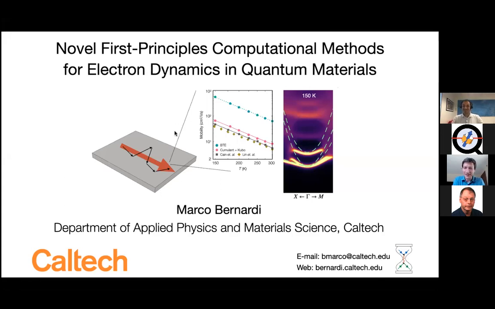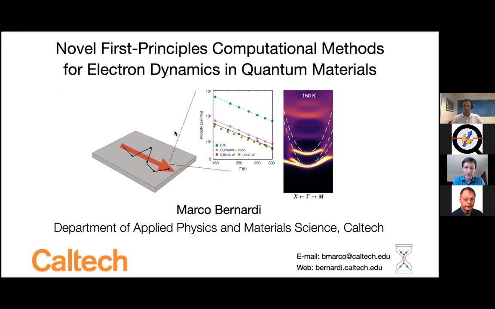So Marco received his PhD in material science from MIT, where he worked with Jeff Grossman on materials for solar energy conversion. And then afterwards, he was a postdoc in the physics department at UC Berkeley, working with Steve Louie and Jeff Neaton. And he was working on developing methods for investigating excited states in electronic structure.